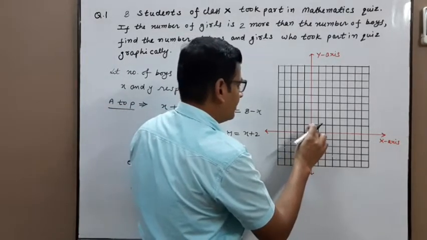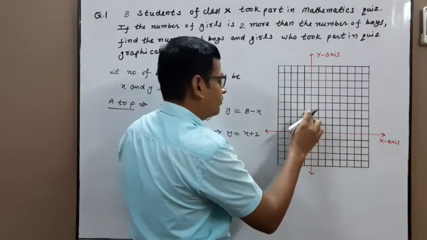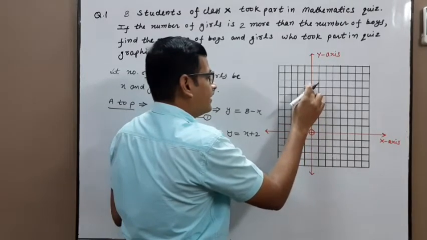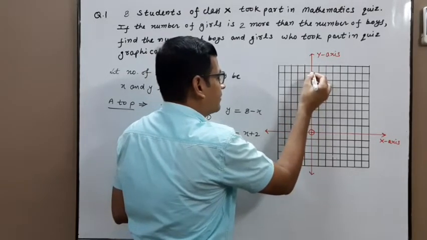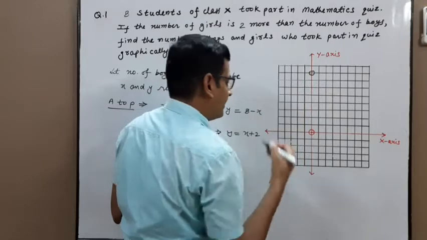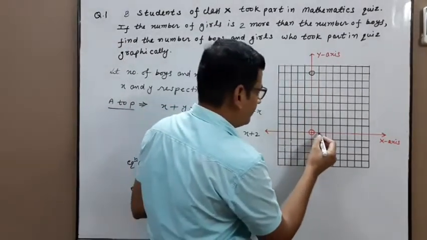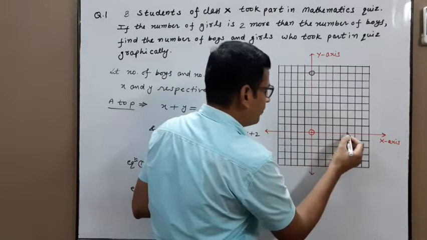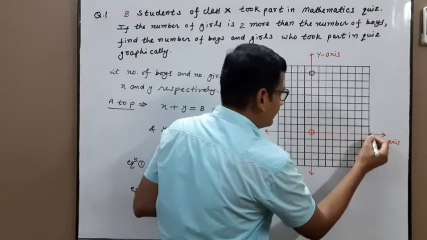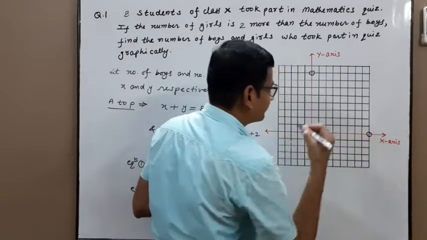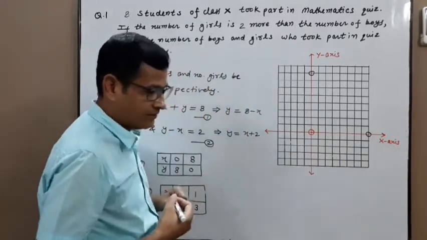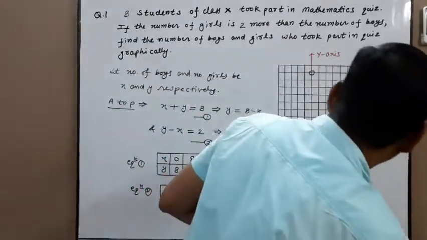First point is (0, 8). Second point (8, 0). Now join these 2 points with the help of a scale.